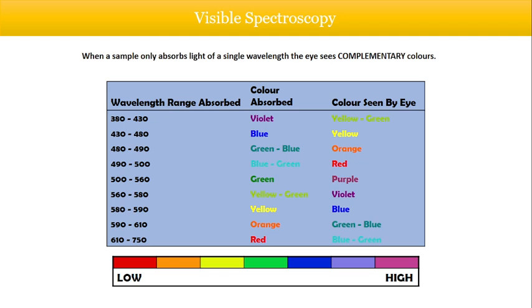If a particular object is absorbing a light, the color that we actually observe is not the color absorbed by that object, but the color that is radiated or liberated by that object, which our eye can actually detect. These are the different ranges of wavelengths which are being absorbed, and the color being absorbed in each range is also given here.